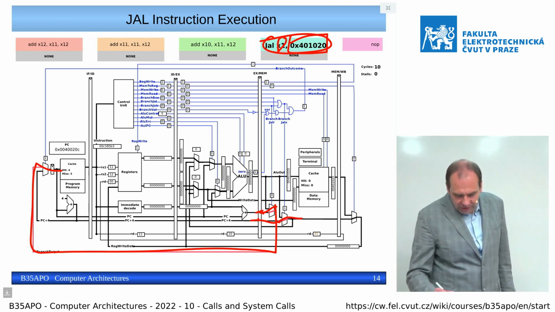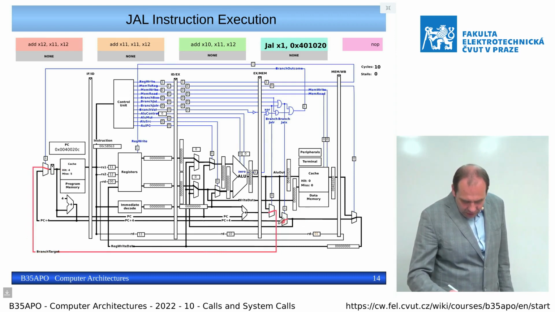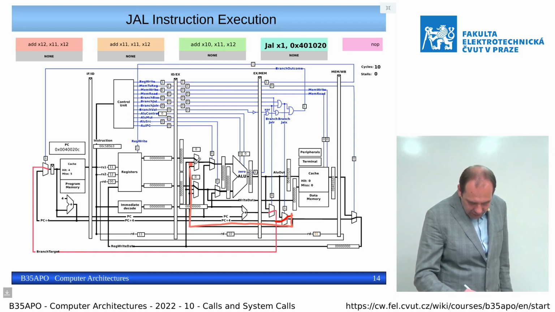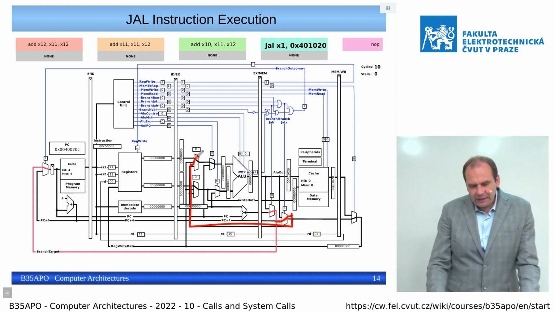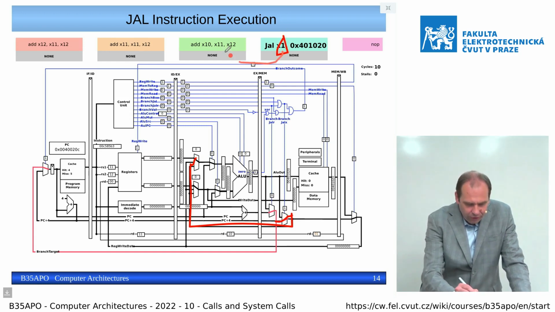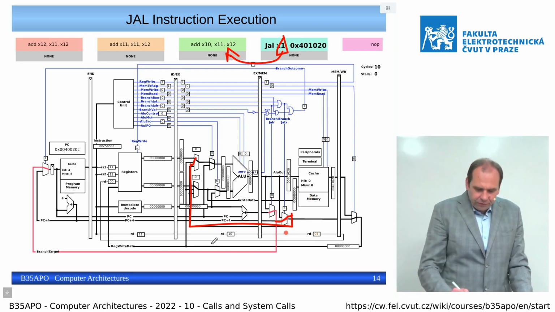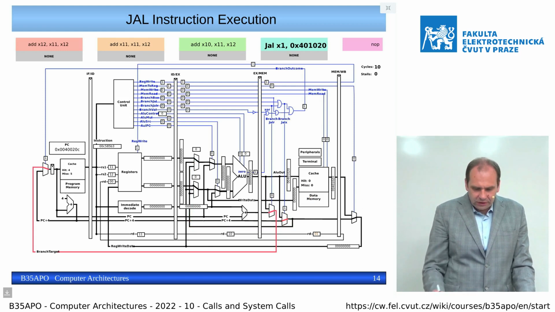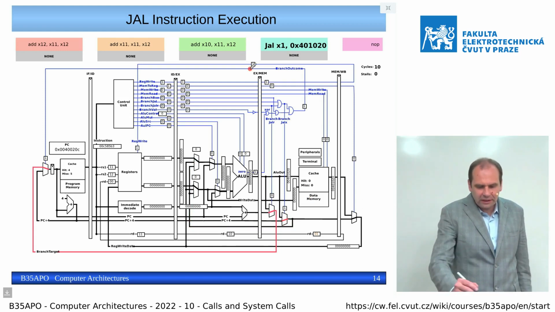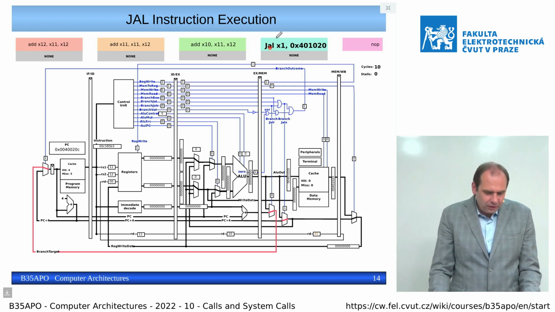Because we do this multiplexing here before a forwarding path, even if you directly use X1 in the following instruction, it is not a problem because the forwarding can be set up. So it is not necessary to put stalls there if we want to use X1 directly in the next clock cycle.